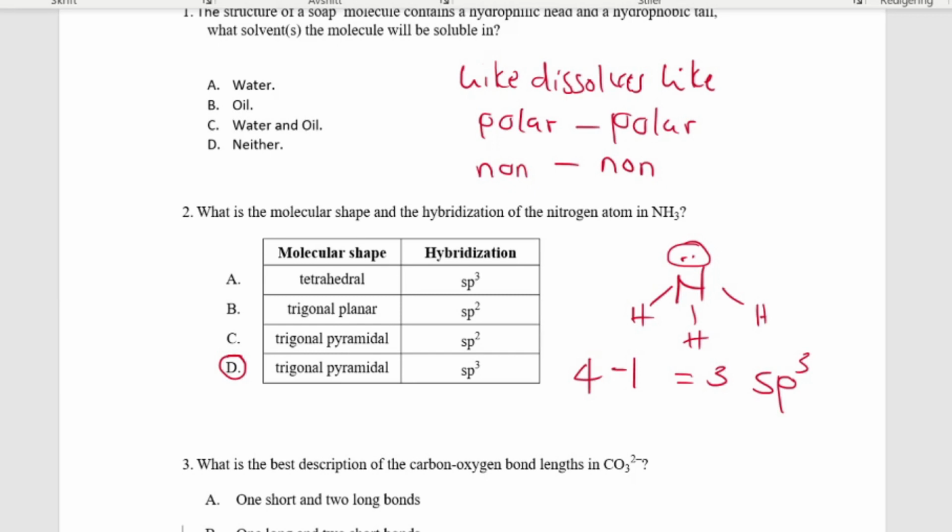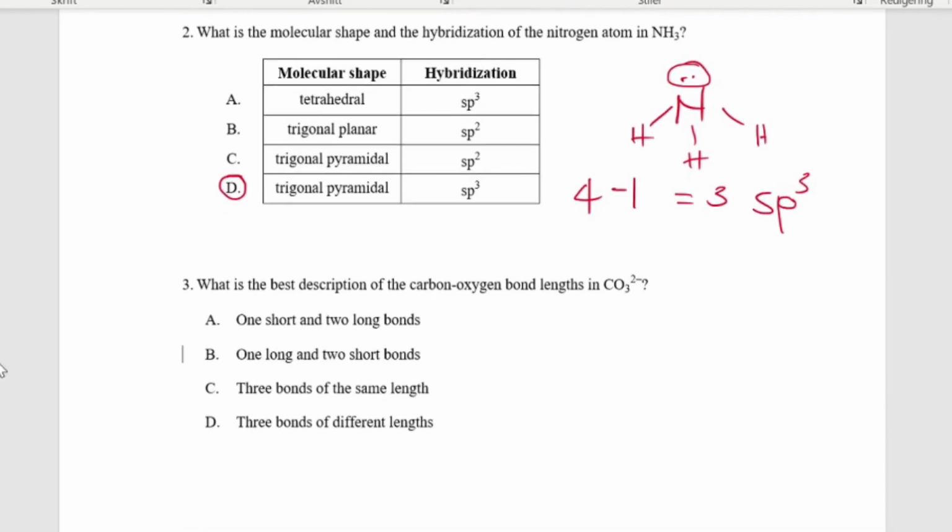Question 3 says: what is the best description of the carbon to oxygen bond length in carbonate? What to do first is to determine the Lewis structure of carbonate. If we look at the structure, we have a double bond from one oxygen and single bonds from the other 2 oxygens.